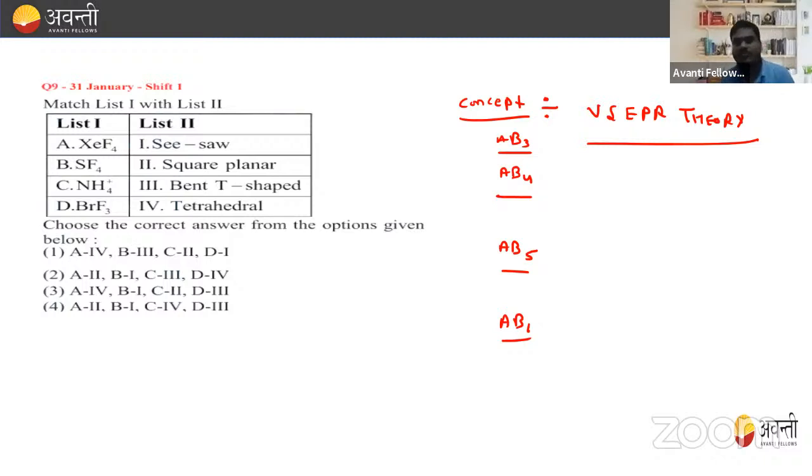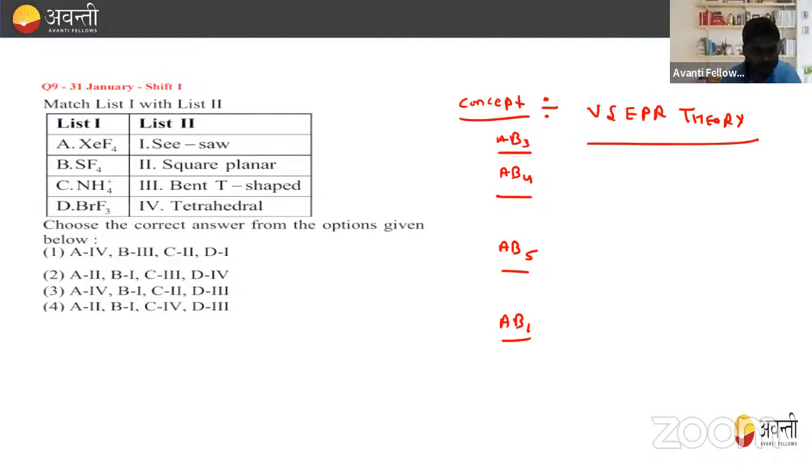And by knowing the number of bond pairs and lone pairs, we can predict the shape of the molecule, and how the lone pair affects the shape of the molecule. This is explained by the VSEPR theory. Whenever the lone pair comes into the picture, we use VSEPR theory for their shape, right?